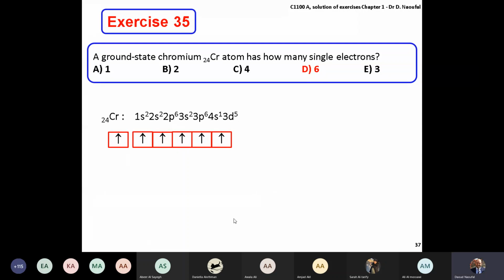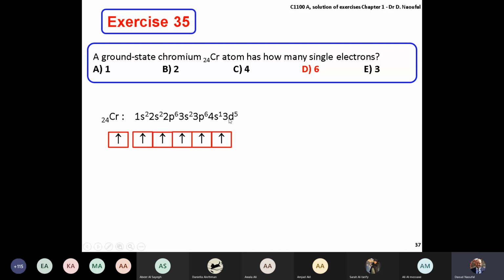Exercise 35. A ground state chromium atom has how many single electrons? We have to write the electronic configuration: 1s2, 2s2, 2p6, 3s2, 3p6, 4s1, 3d5. Pay attention, this is a trick.